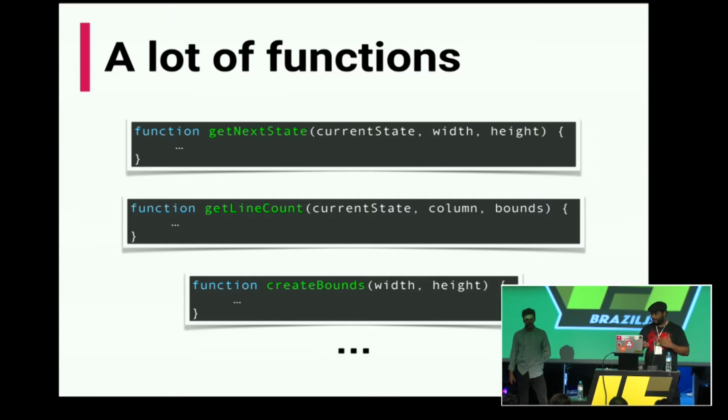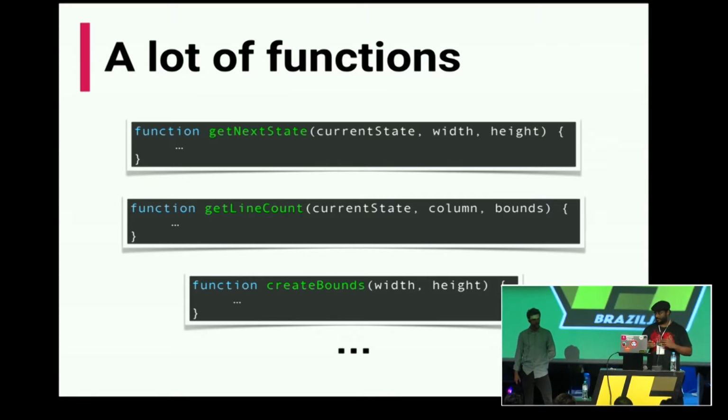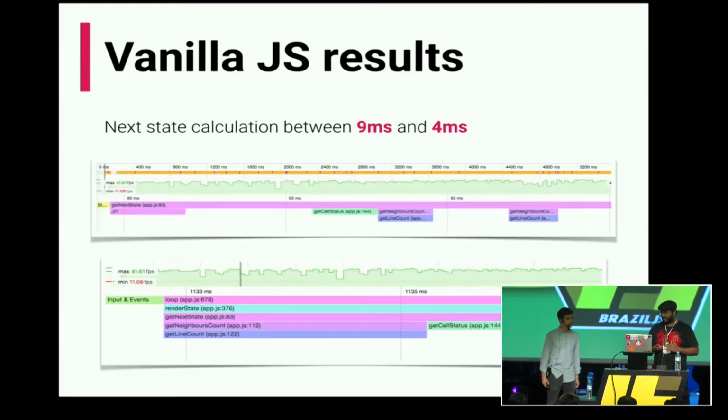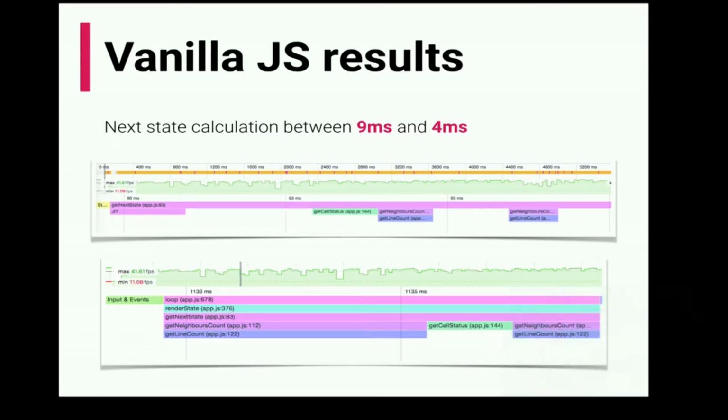So we'll talk more about the just-in-time optimization in a moment. The results for this vanilla JavaScript were that the average speed of the stage calculation varied from 9 to 4 milliseconds for a matrix of 800 columns by 450 lines.